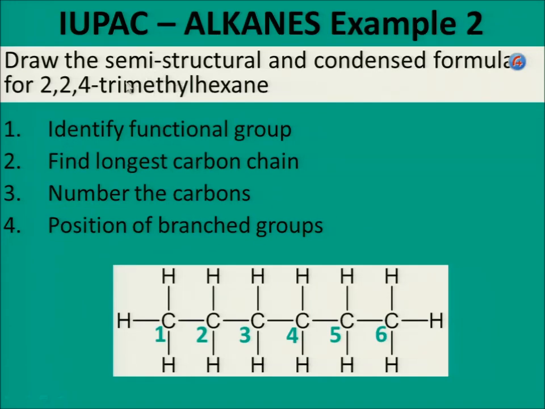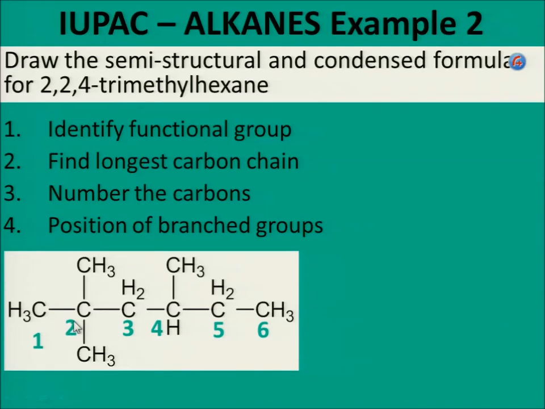You have a methyl group at carbon 2, 2, and 4. So at carbon 2, there is a methyl group and another methyl group. At carbon 4, there is a methyl group. So there's your structure: 1, 2, 3, 4, 5, 6 carbons, hexane, 2,2,4-trimethyl.